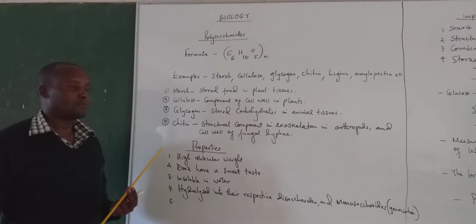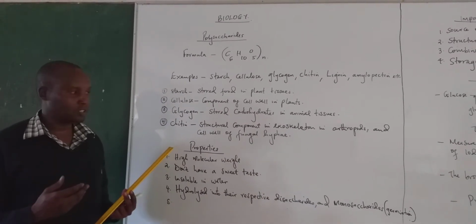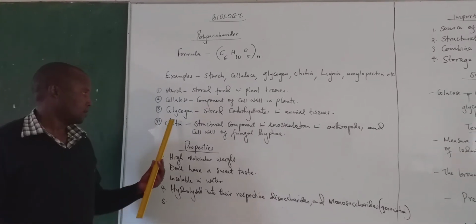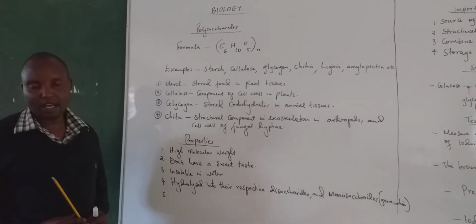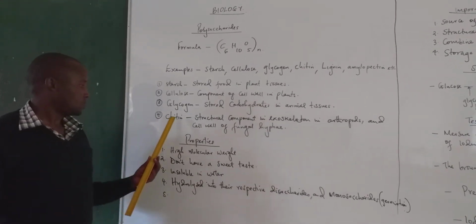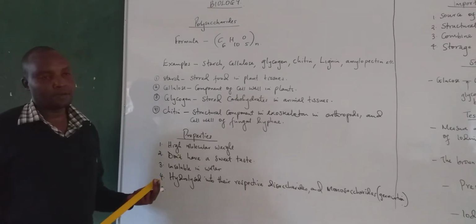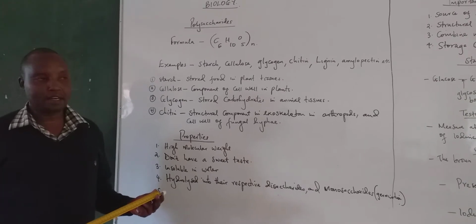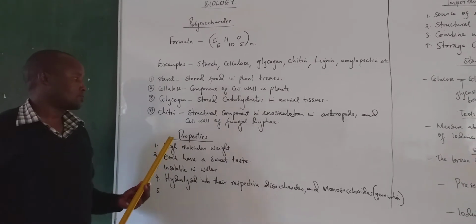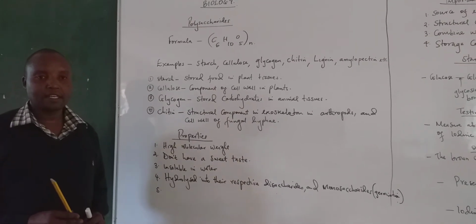Glycogen is a stored carbohydrate in animal tissues, especially found in the liver and the skeletal muscles. Chitin is a structural component found in the exoskeleton of organisms in phylum Arthropoda, and also in the cell wall of fungal species, especially the hyphae.